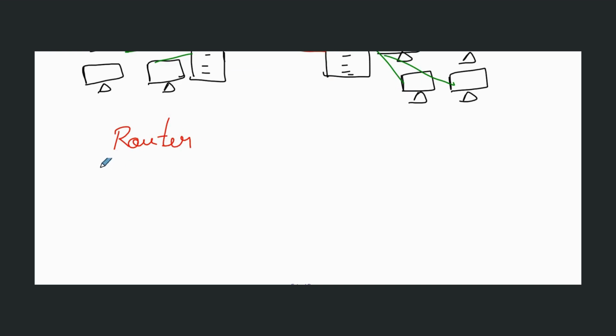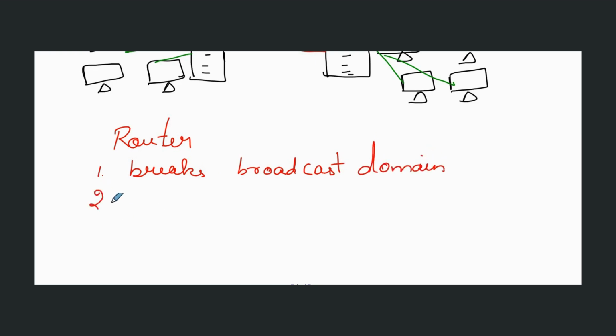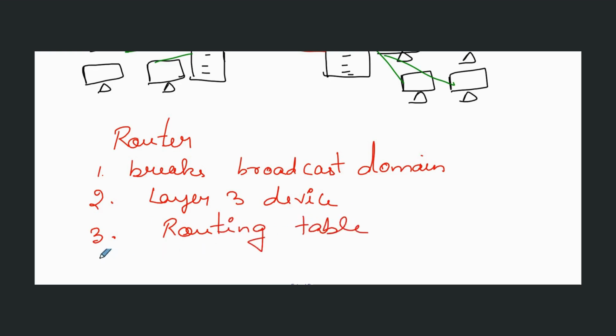The router breaks a broadcast domain. Second, it is a layer 3 device. It contains a routing table, and the routing table contains a list of routes.